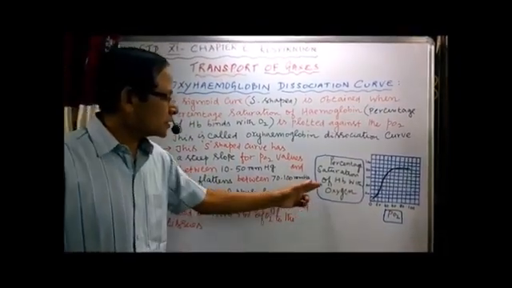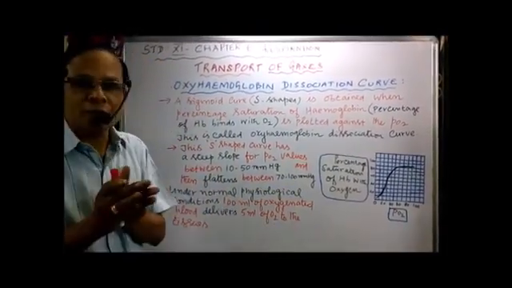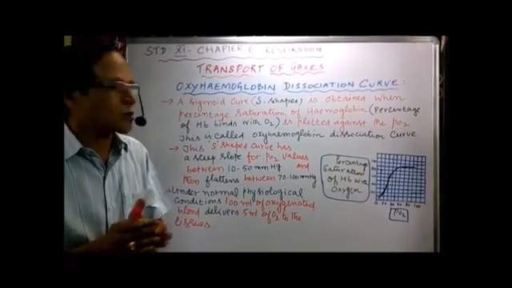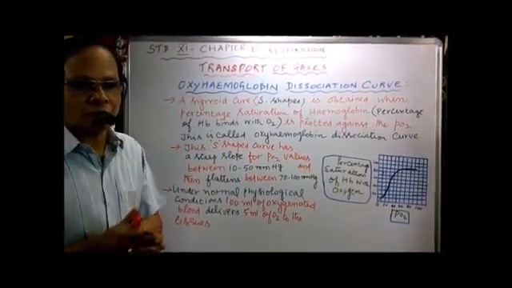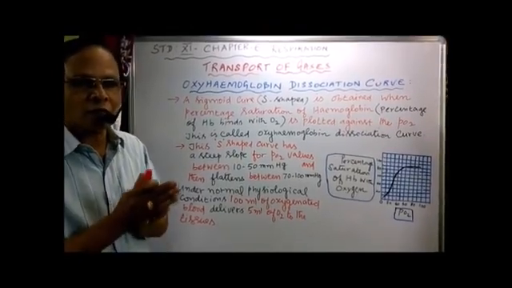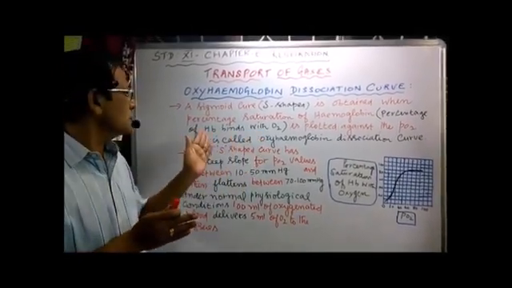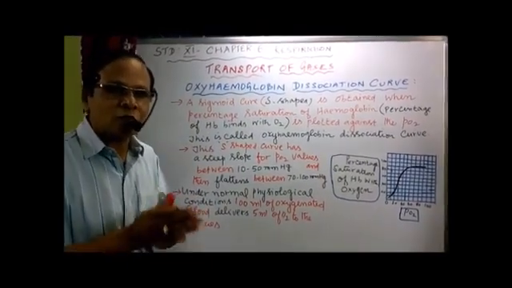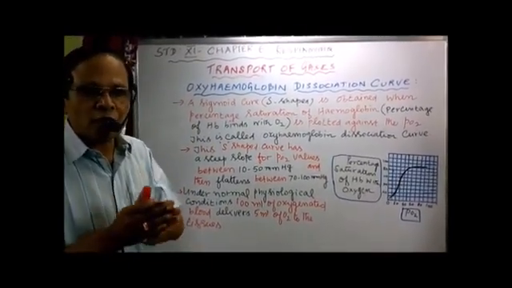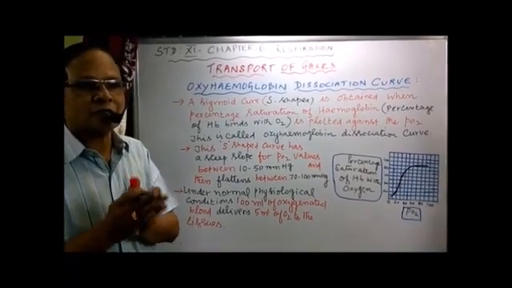Now what is percentage saturation of hemoglobin? This is the percentage of hemoglobin that binds with oxygen. In a normal condition, the percentage of hemoglobin bound with oxygen, or percentage saturation, is about 97%. We cannot receive 100% saturation.